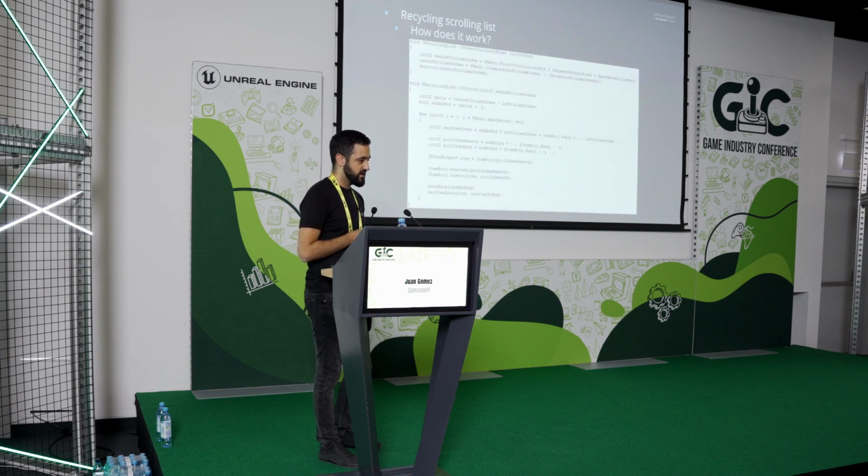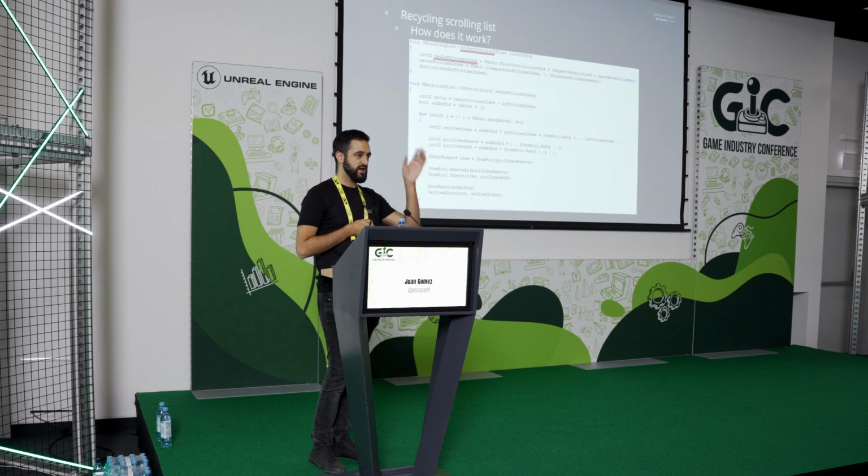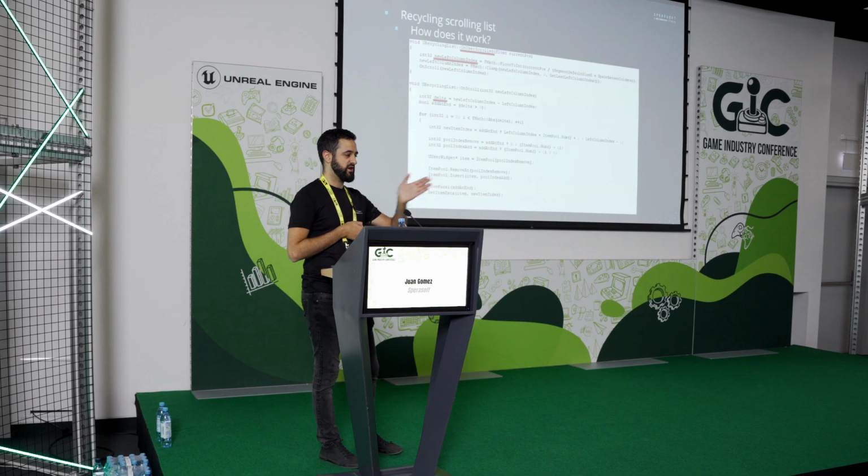And if you want to know in a nutshell how this code looks for the scrolling list, basically whenever the user scrolls, we calculate what's our new first line or point of reference. We calculate how much we have moved.